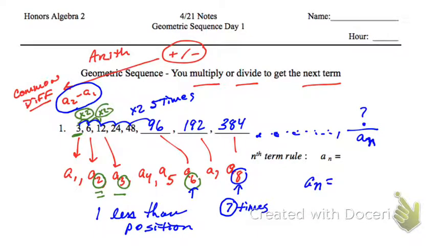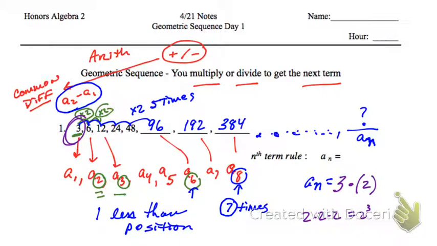In this list, we would start at 3, the first number in line, and then what did we do? We started multiplying by 2. Well, remember, if you multiply by 2 3 times, you don't write 2 times 2 times 2, you write 2 cubed, and so on.